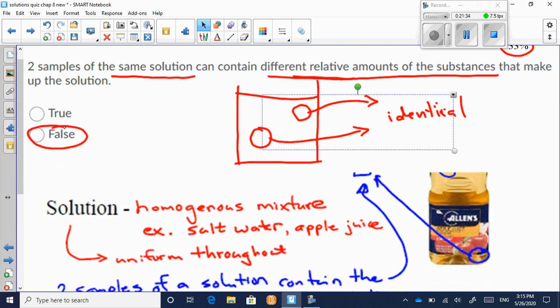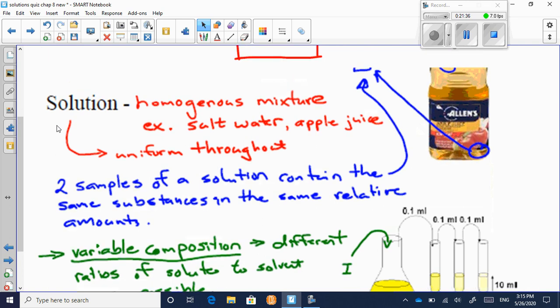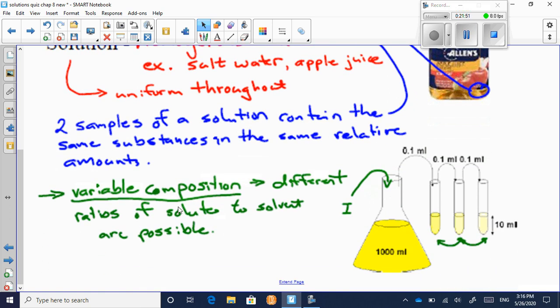Now let me show you in the notes. Look right here. I gave you the definition of a solution, which I called a homogeneous mixture. But then I said 2 samples of a solution contain the same substances in the same relative amounts. Now, I think where some of you got confused is I said there is also this other characteristic called variable composition.